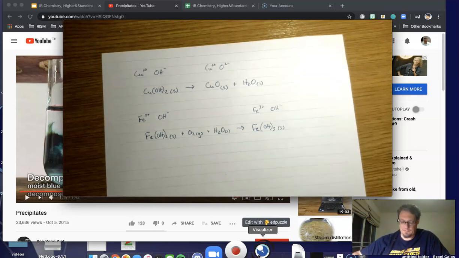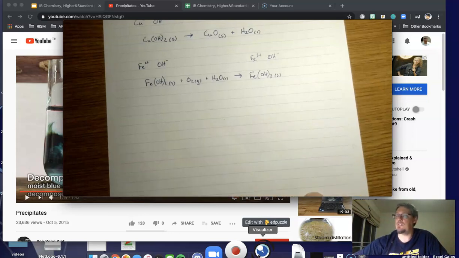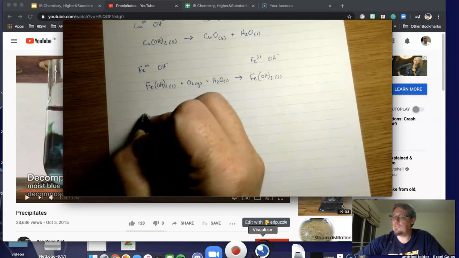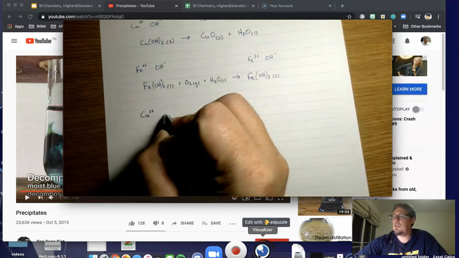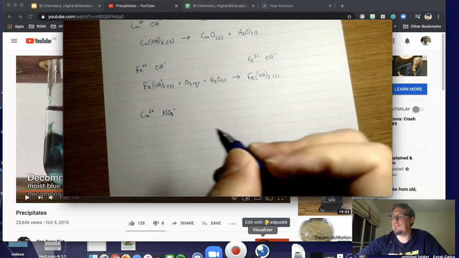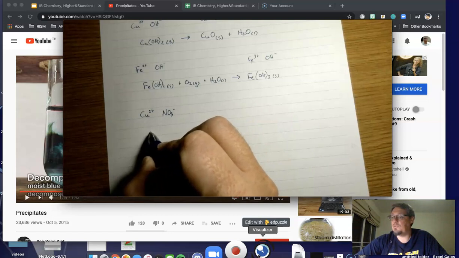So let's look at the equation for the formation of copper 2 hydroxide from the reaction between copper 2 nitrate and sodium hydroxide. So our reactants are copper 2 nitrate, so we have our Cu2 plus, and nitrate, NO3 minus. This was the clear, transparent, blue solution before.